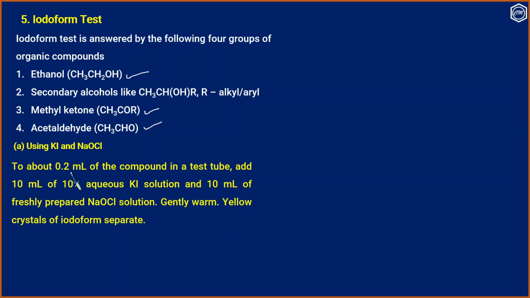So, to about 0.2 ml of the given compound, add 10 ml of 10% aqueous potassium iodide solution and 10 ml of freshly prepared sodium hypochlorite solution. Gently warm the solution and yellow crystals of iodoform separate.